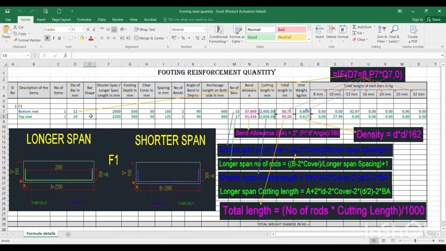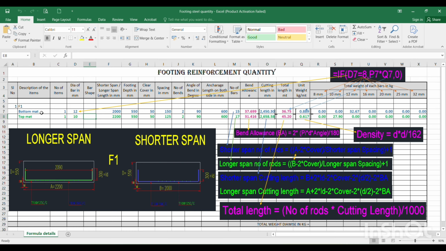This is for the study purpose we can enter it, but at site level no one will enter each and every bar shape. It will be very time consuming. That's why this is for the understanding purpose. In a separate class I will teach you how to enter the shape of the bar over here. That one separate video I will upload.